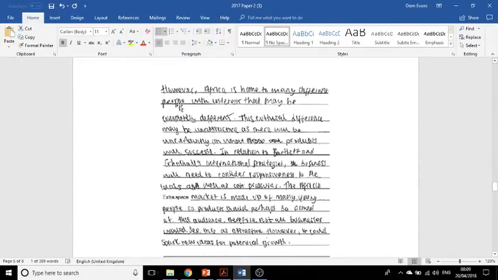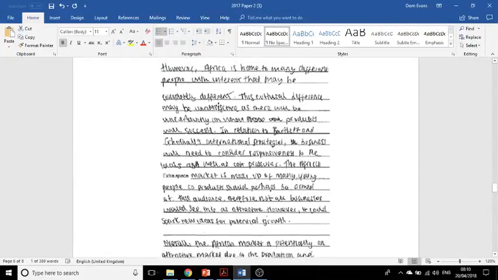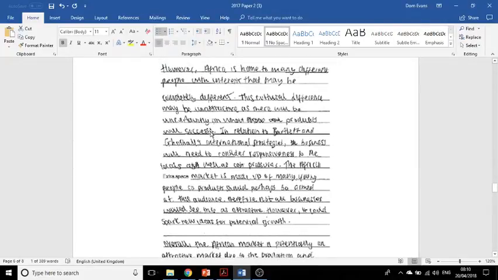The other side of the argument, they start with a "however," which is a good sign to the examiner that you are switching points of view. "Africa is home to many different people with interests that may be completely different. The cultural difference may be unattractive as there will be uncertainty in which products will succeed.